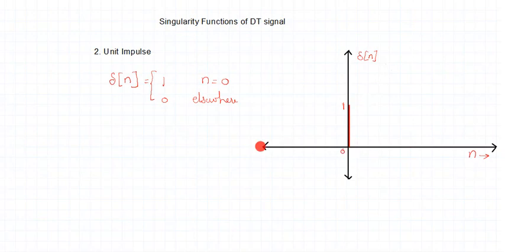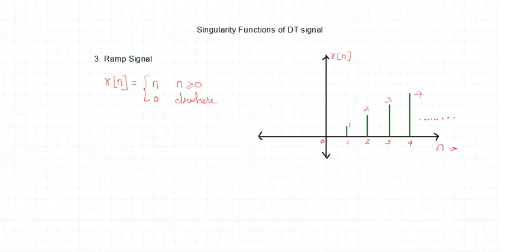Now third is the ramp signal. It's a DT signal, so I show my independent variable to be n. The signal is r of n. And how is the equation? r of n is n for all the positive values of n, 0 everywhere else.